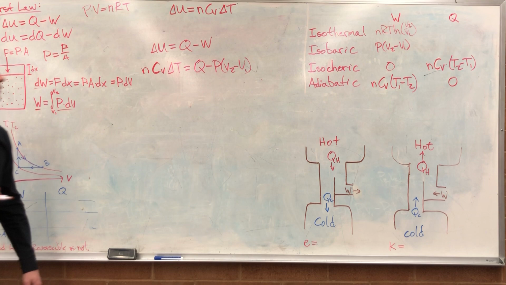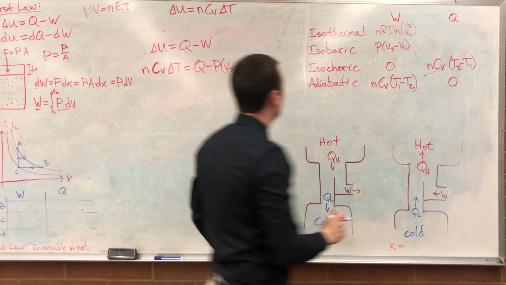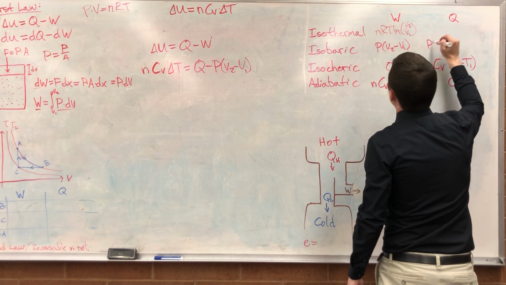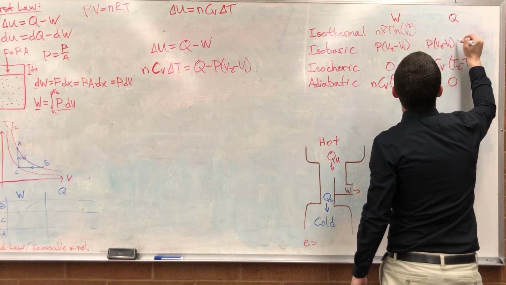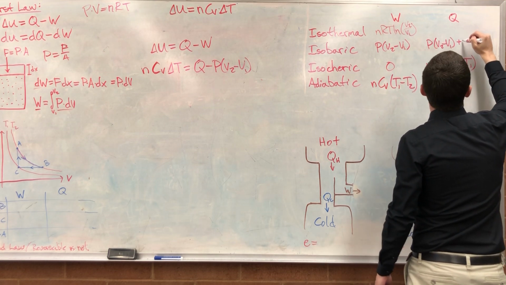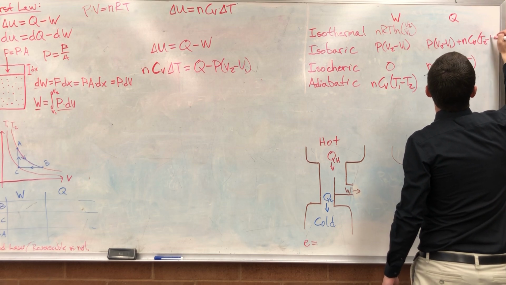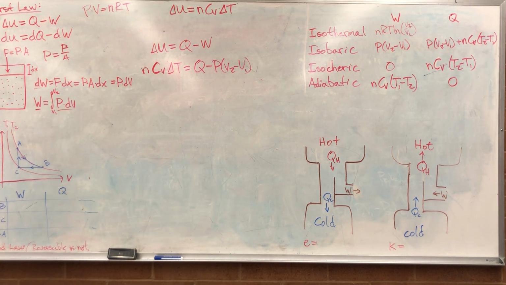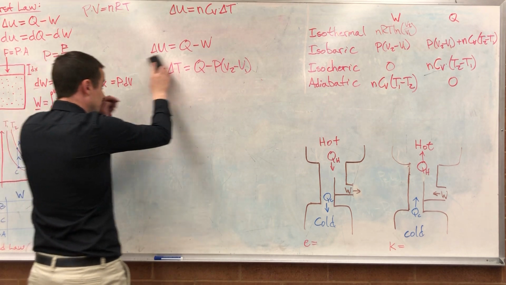So when you solve for Q, that's the same as just moving that to the other side. So Q, in this case, is equal to P of V2 minus V1 plus nCV of T2 minus T1. Did I do that right? Yes.